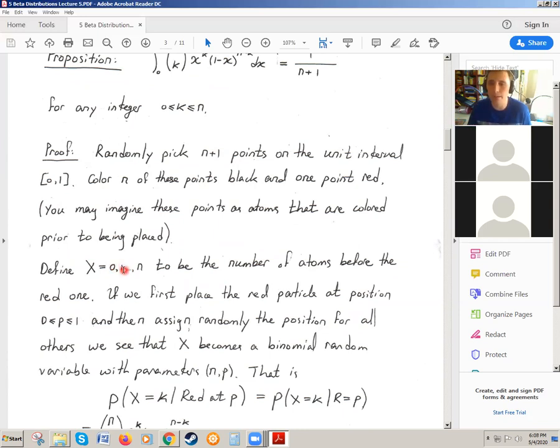When X equals k, that means that exactly k particles are below, or to the left of, the red particle. So how do we calculate the probability that X equals k?